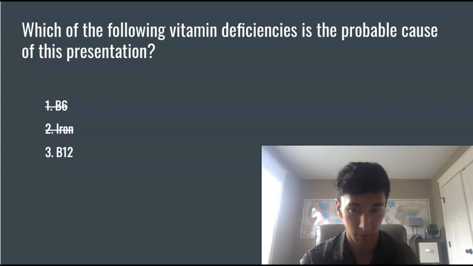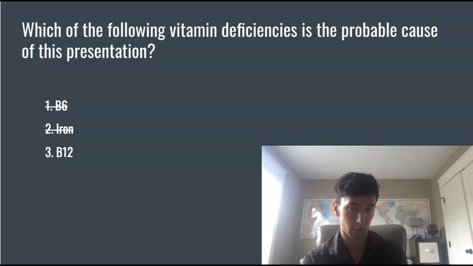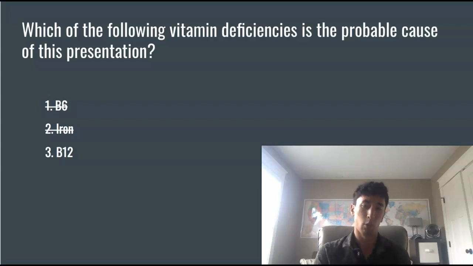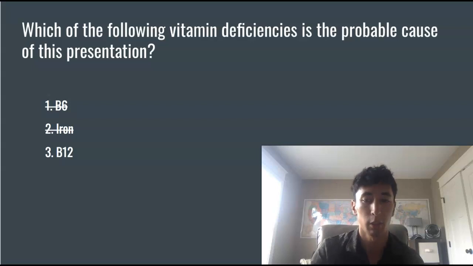patient's presentation. Vitamin B12 is necessary for the synthesis of DNA, and combined with folic acid, is the leading cause of megaloblastic anemia, which is accumulation of large blood cells in the bone marrow.